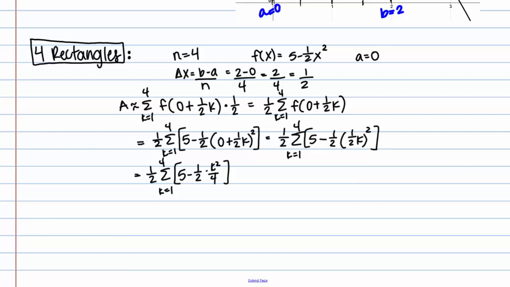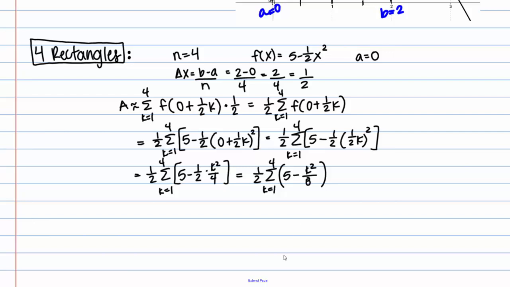Now I can do one more step to clean that up, and write this as 5 minus k squared over 8. I'm looking to get a numeric value. So now I have this sum of 5 minus k squared over 8. But remember, we learned all those nice summation formulas, so I can use those to find a numeric value for this sum.